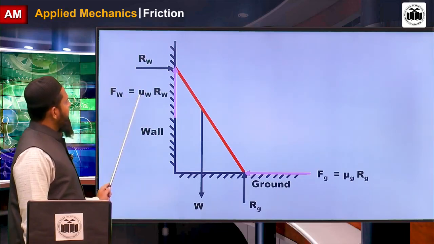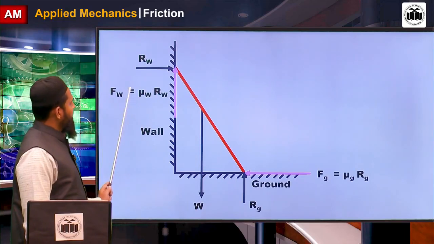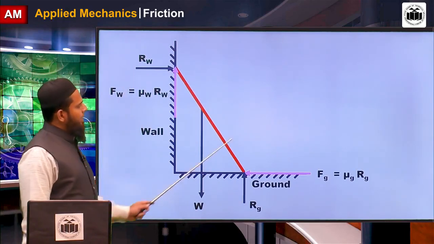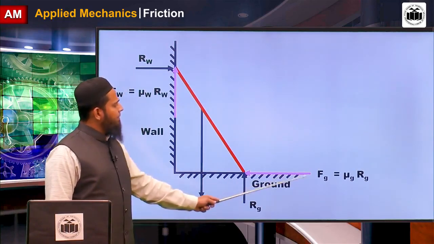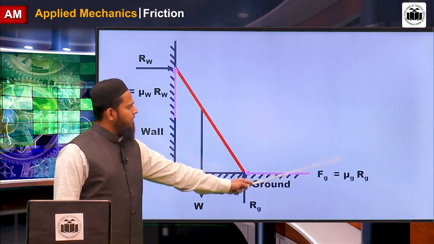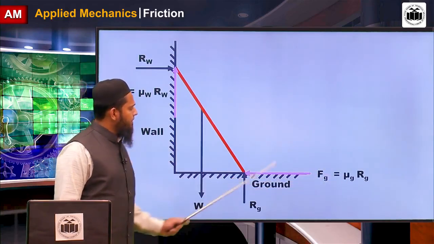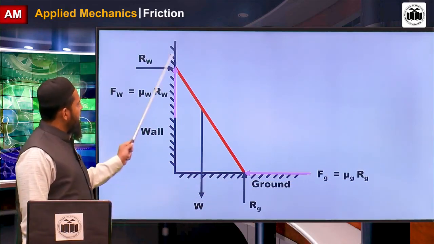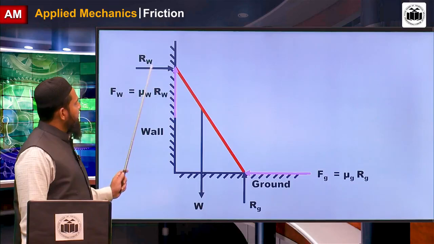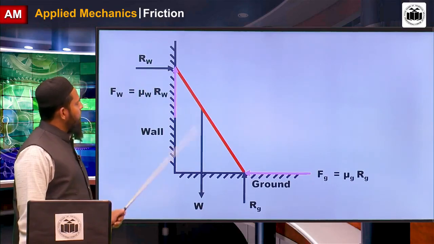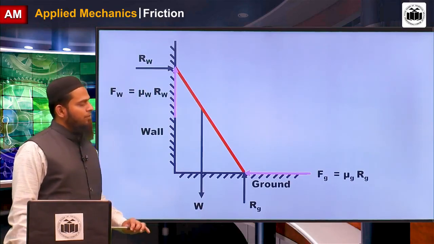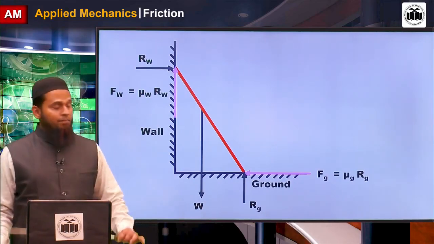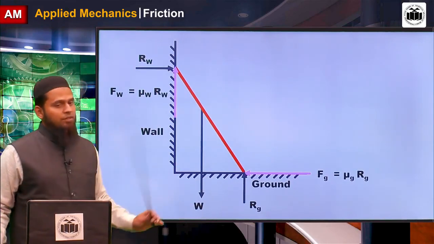F is mu and R, and it is interrelated. F is related to mu and R. Hence, this is one unknown, this is another unknown. To solve two unknowns, two conditions of equilibrium are required, but they are not concurrent to each other.